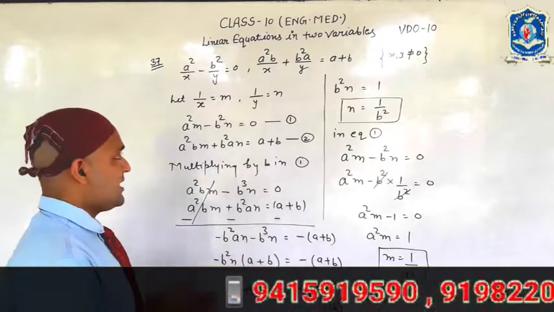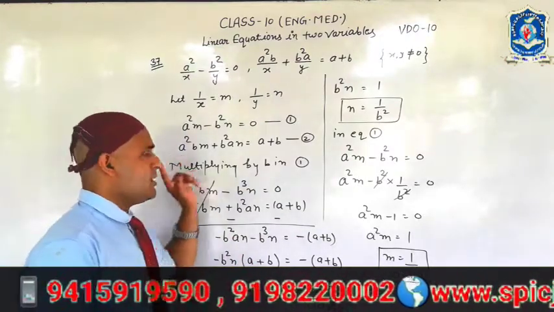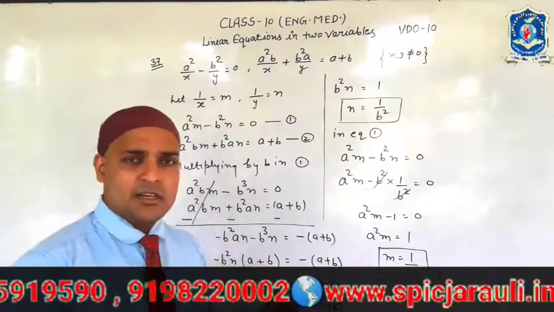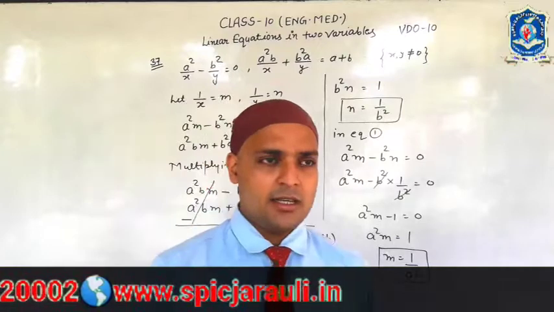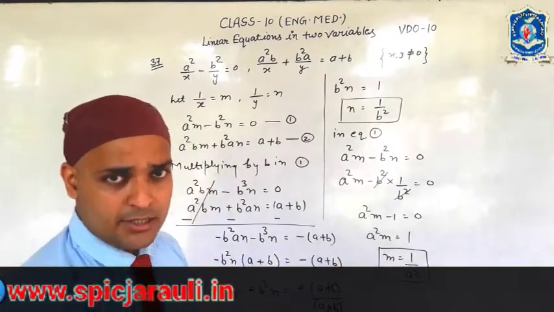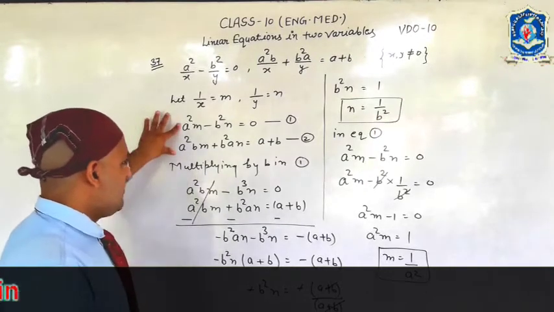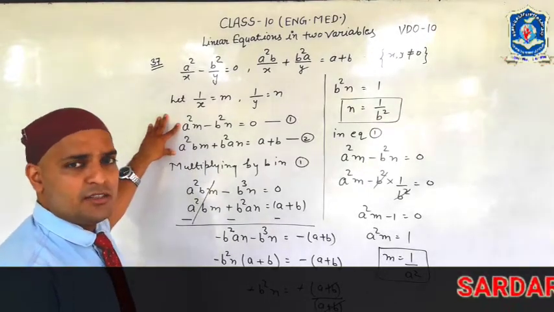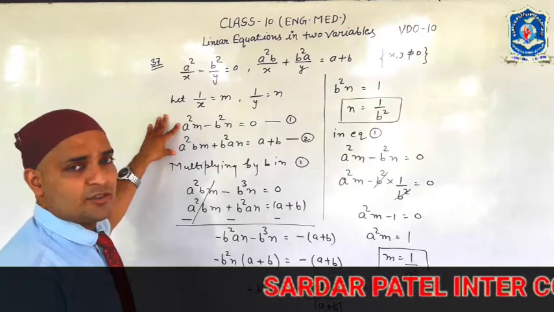The equations have been changed into simplest form, and these equations we can solve by the substitution method or the elimination method, because we have studied these two methods. You can solve these two equations by the elimination method or by the substitution method.